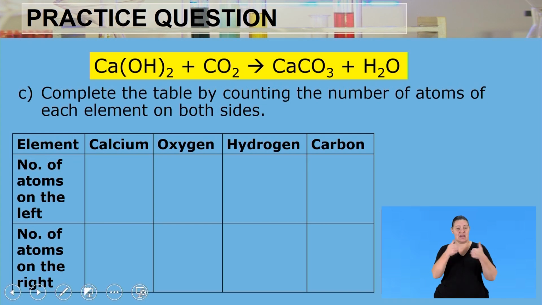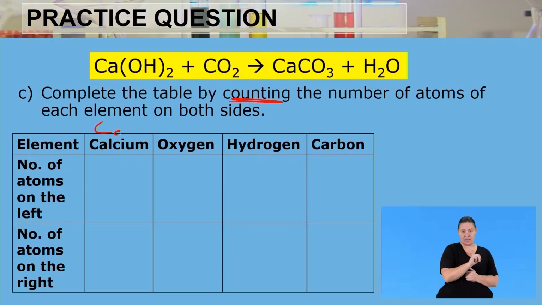Next question. It is a continuation from that because we are still given the very same chemical equation, and now we need to complete the table by counting the number of atoms of each element on both sides. So we need to check how many atoms of each particular element we have on the left-hand side and also on the right-hand side.